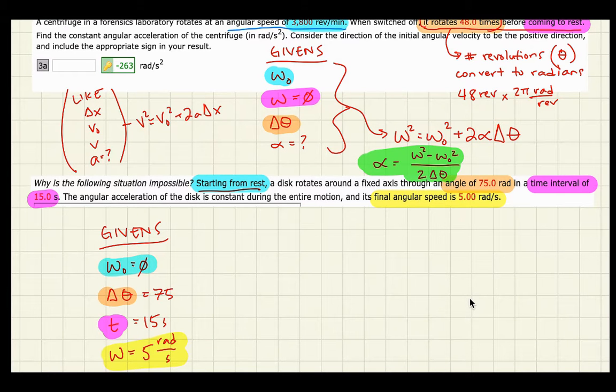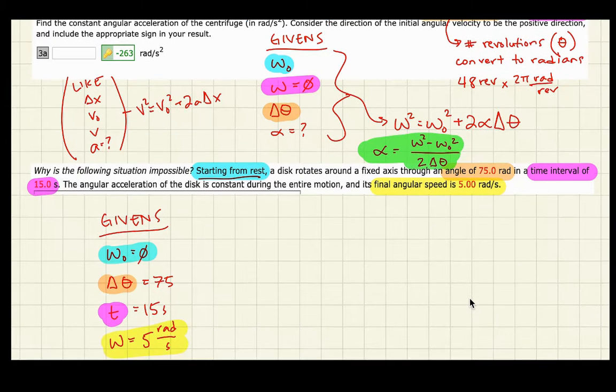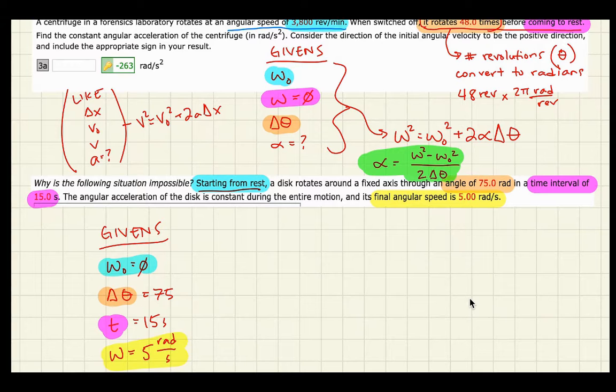And so basically, it's asking why this situation would be impossible. It's implying that there's a mathematical fallacy here, so our goal is to demonstrate it. The easiest way to do that, given that the acceleration is constant, would be to compare the easiest values to solve for.